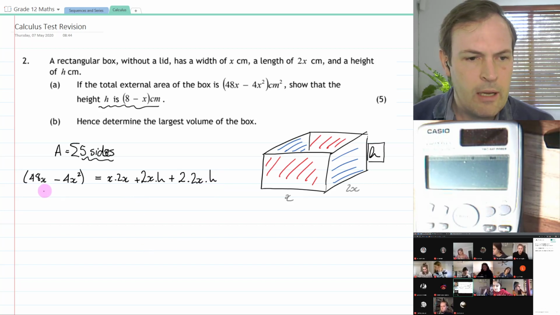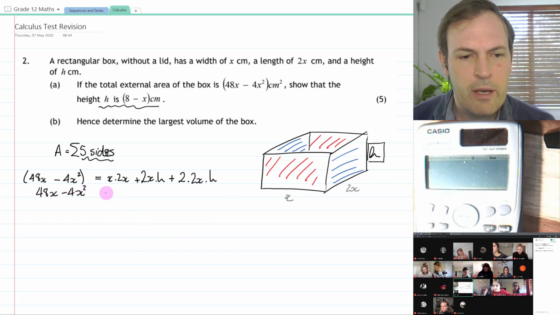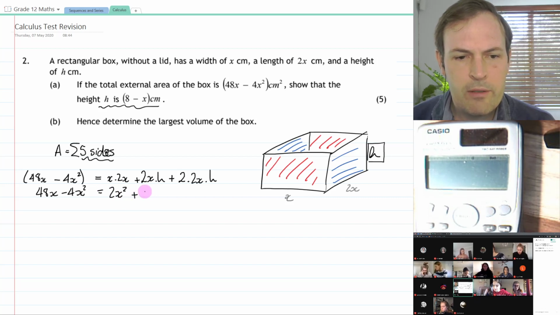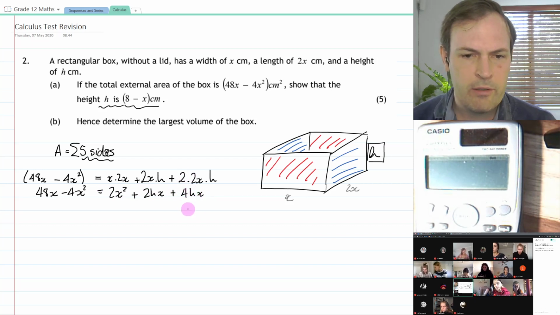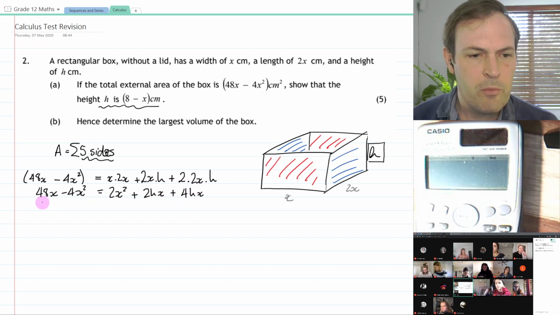Alright, so this is going to be 48x minus 4x squared is equal to 2x squared plus 2hx, and that's going to be plus 4hx. So we can do some grouping and factorizing on the right hand side there.